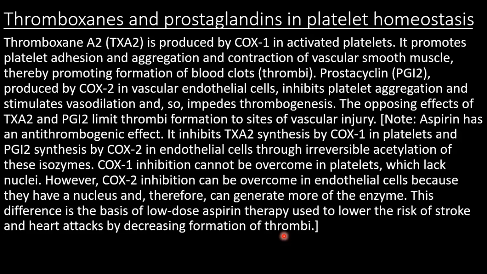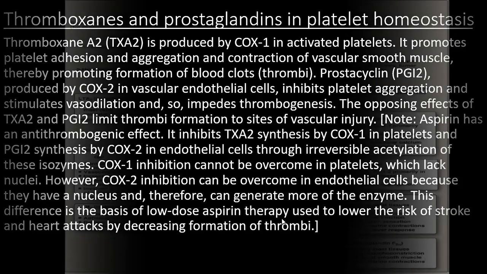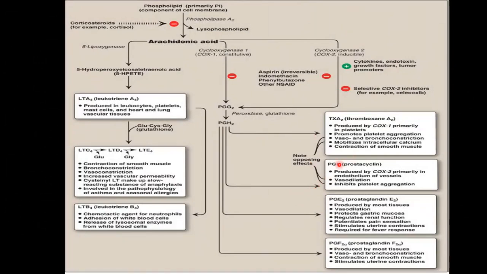So there is no thromboxane A2 formation, so there will be no platelet aggregation, and prostacyclin will be the one in higher concentration, so there will be inhibition of platelet aggregation, and there will also be vascular dilation, vessel dilation. Now, here you can see the opposing effects. Please note that this is what I wanted to show you.